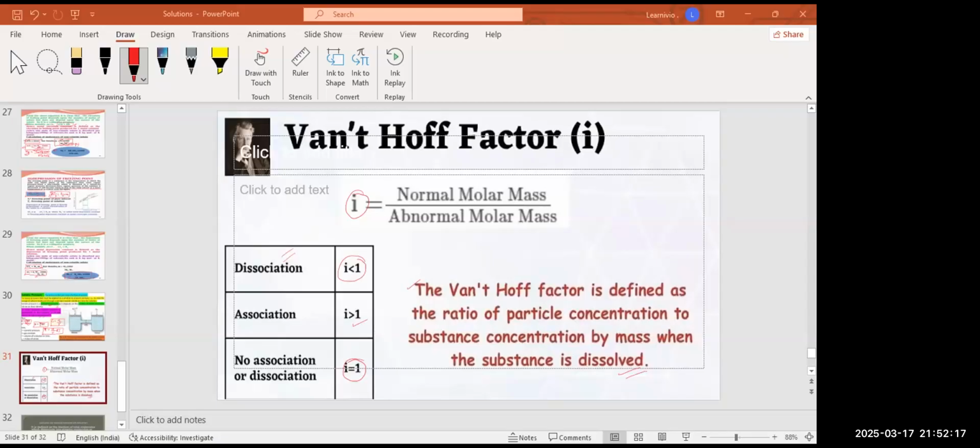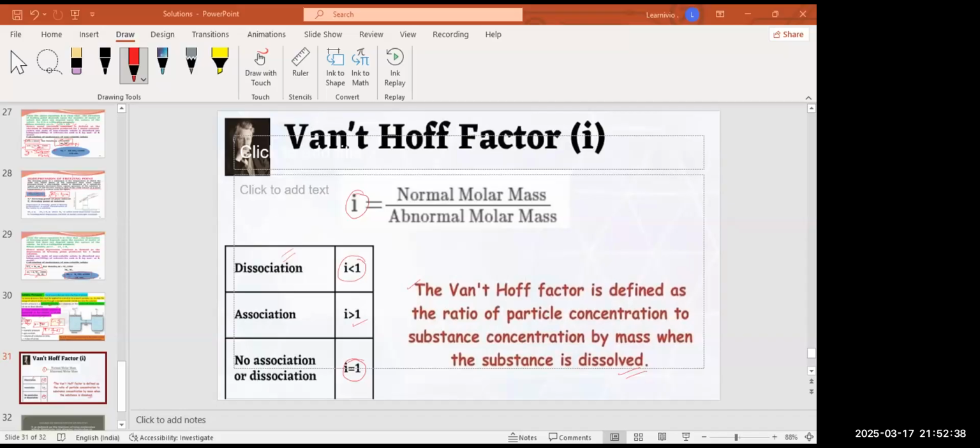See, for degree of association, you can find it using this formula: alpha equals (i minus 1) upon (1/n minus 1), right?